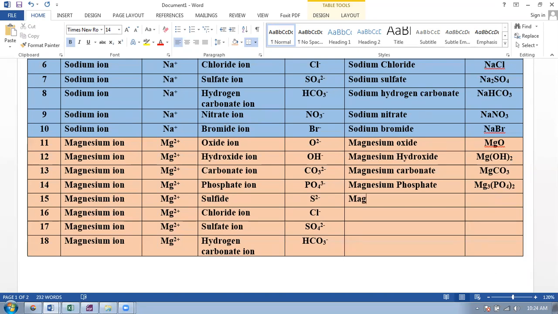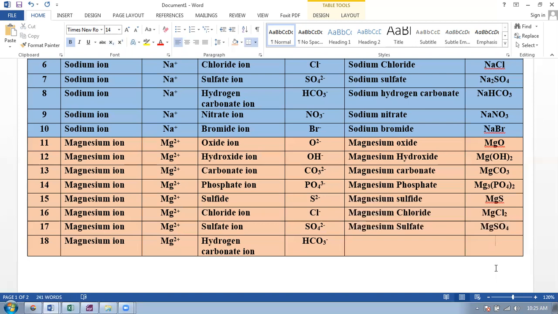Magnesium sulfide. Magnesium sulfide, it would be MgS. Two cancel each other. Magnesium chloride, MgCl2. So magnesium sulfate. Now it becomes easy for you to write. Magnesium sulfate is MgSO4. This 4 is written in lowercase.